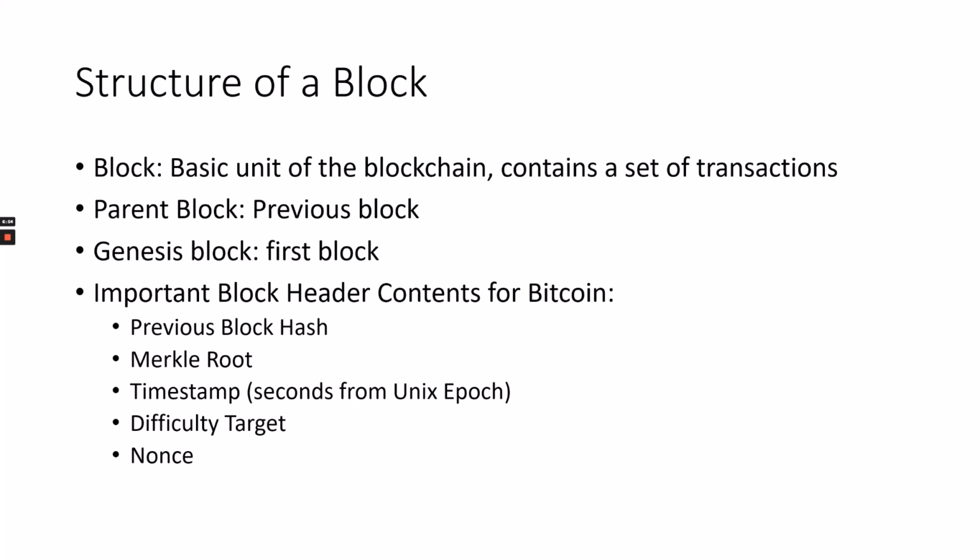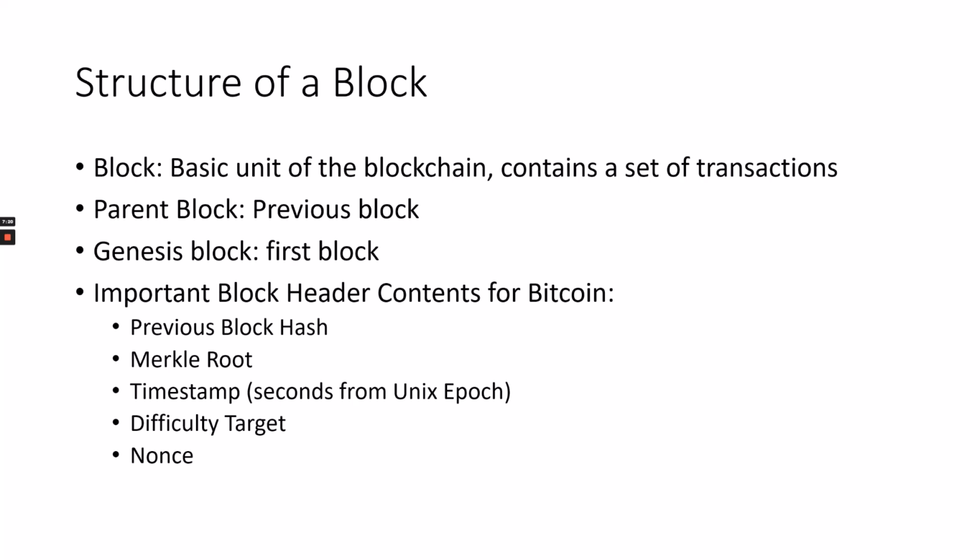Note that if you recall from previous lectures, the difficulty of the puzzle that you're solving in the Bitcoin context, the proof of work puzzle, changes over time. The reason is that as things get more powerful, you would eventually have more and more processing power.